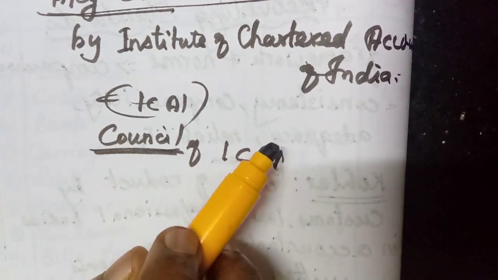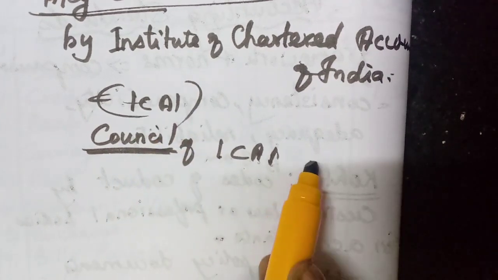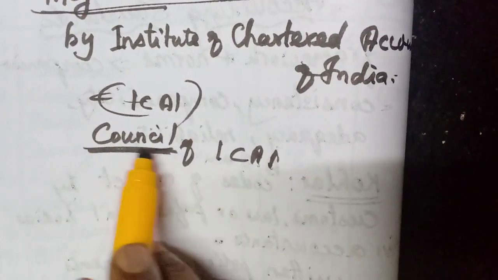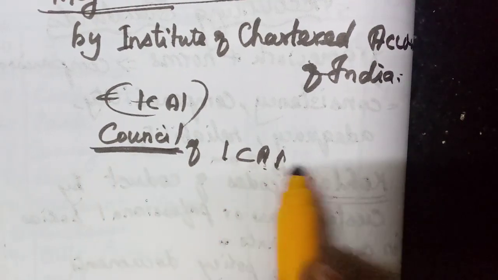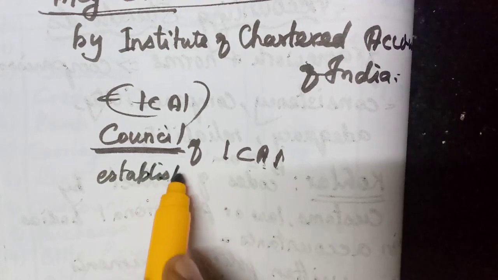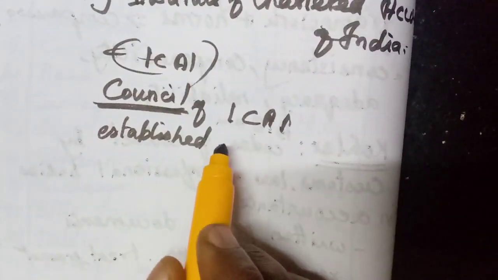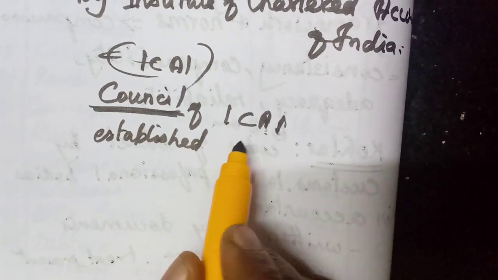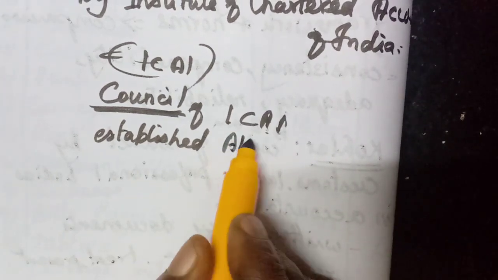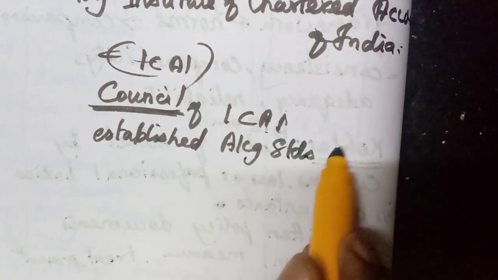This Council of ICAI has constituted one board. There also we have an international board, isn't it? The same way here also we have a board, the Accounting Standards Board.